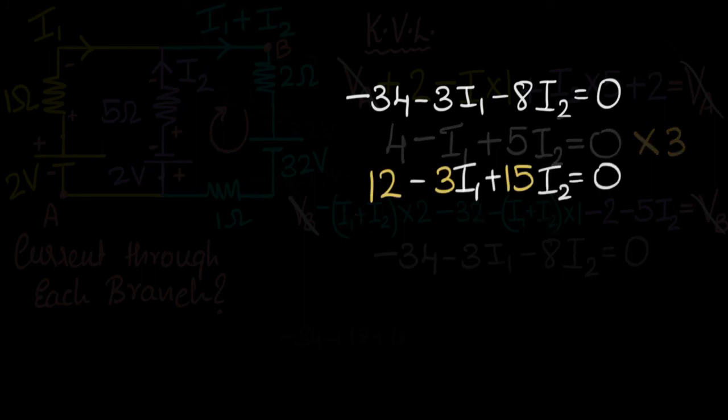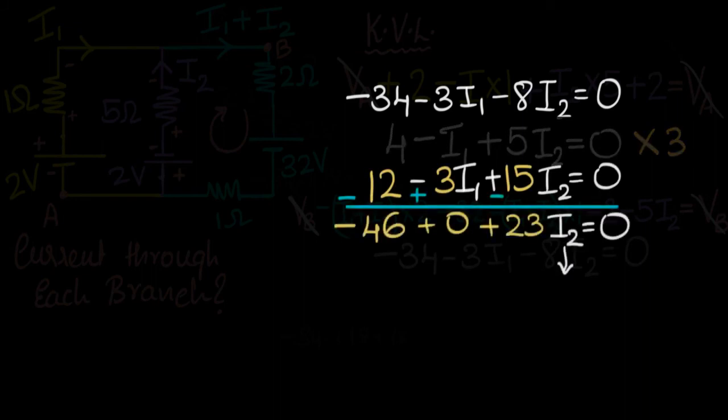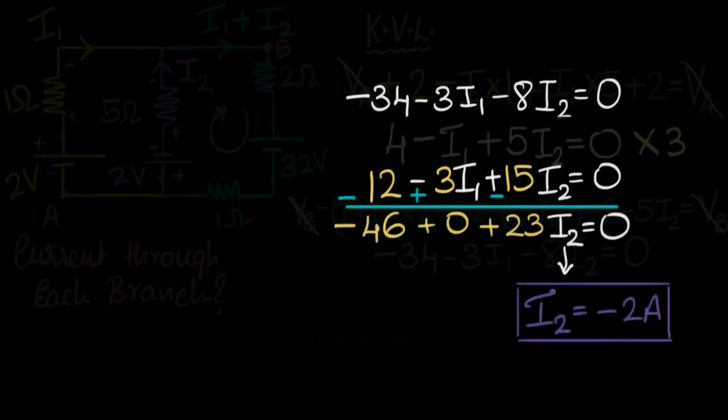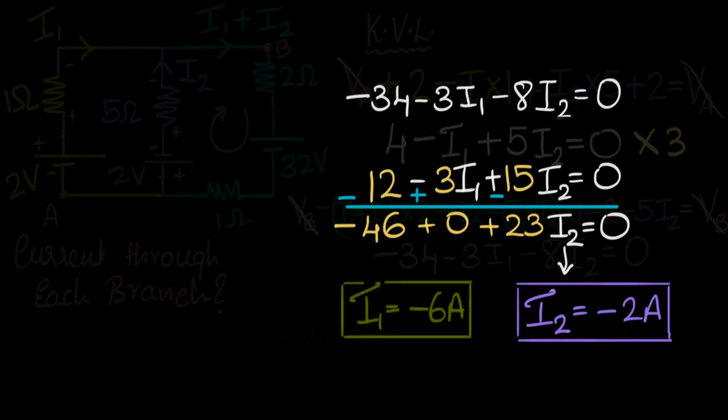Then I subtract this equation to finally give me I2 equal to -2 amperes. I'm pretty sure you can do this by yourself. And if you plug this back in, you'll get I1 as -6 amperes. So this is just algebra.